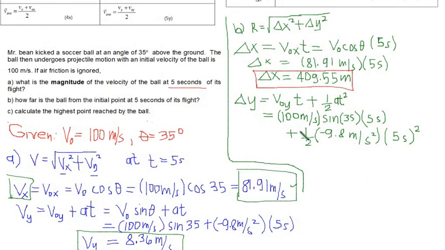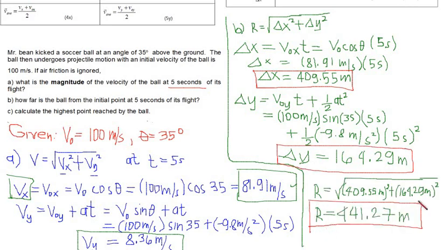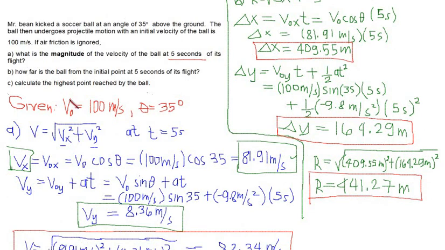When we operate on this equation, the value of delta y is equivalent to 164.29 meters. Therefore, the value of the range is equal to 441.27 meters.